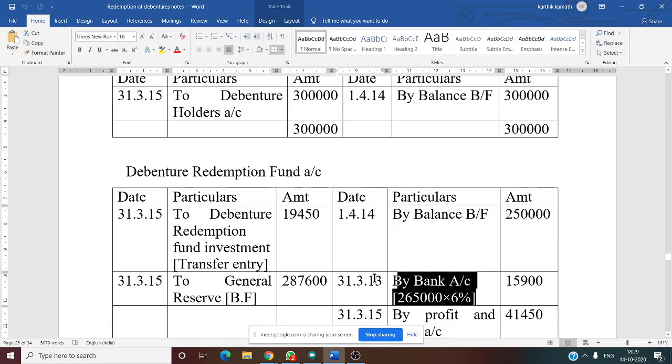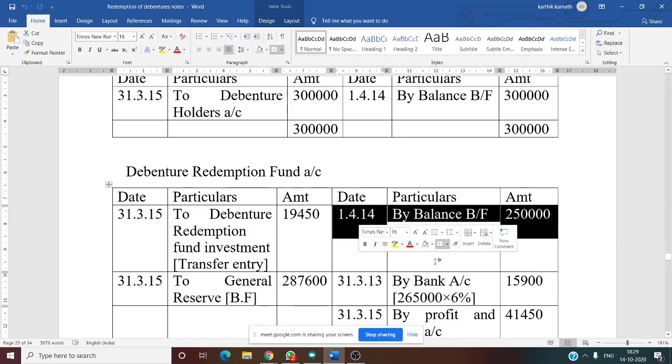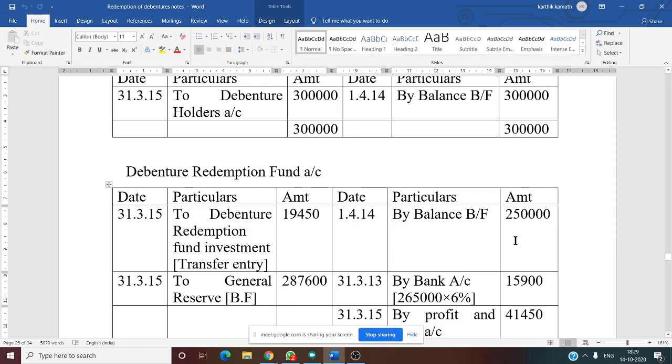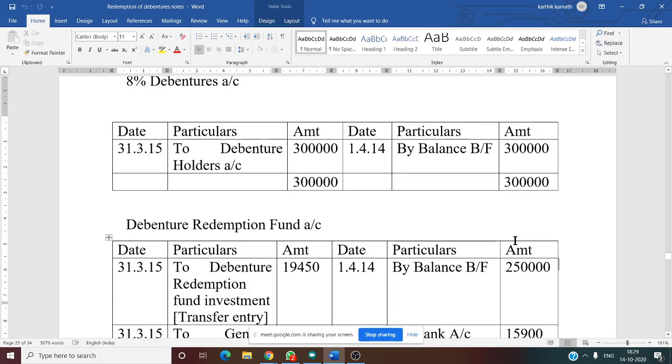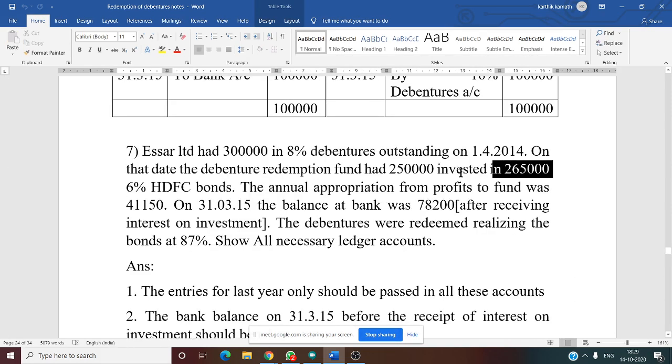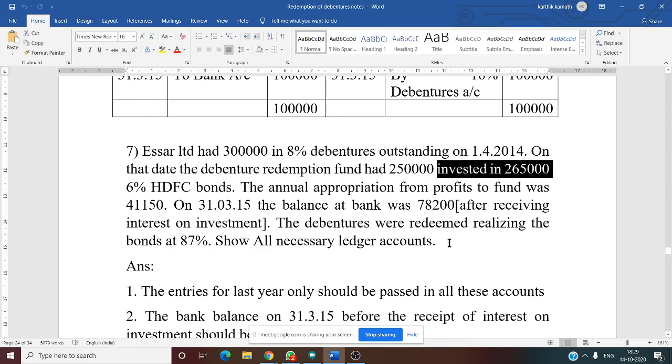After writing the opening balance, you need to calculate interest. Till now we have calculated interest on the opening balance. But in this question, face value is given. See this, in this question, face value is given: 2,65,000 6% HDFC bond. That means a bond worth 2,65,000 is there. So you need to calculate interest on that bond value.